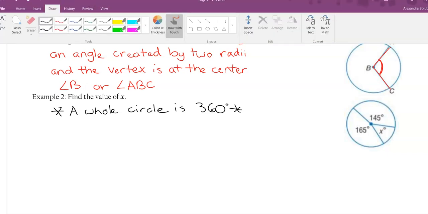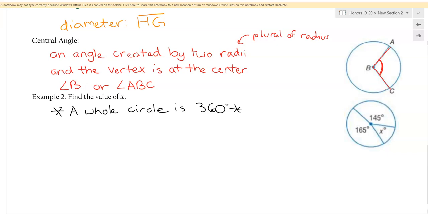So if I was to find x here, right, I have x, this angle over here is 145 degrees, and this angle is 165 degrees. So I could just say x plus 145 plus 165 equals 360.